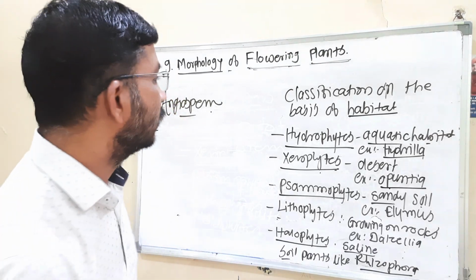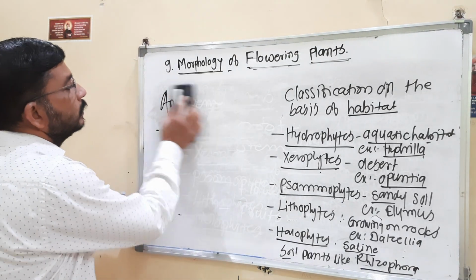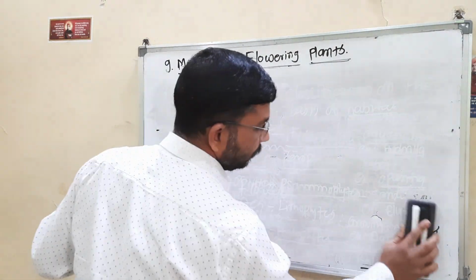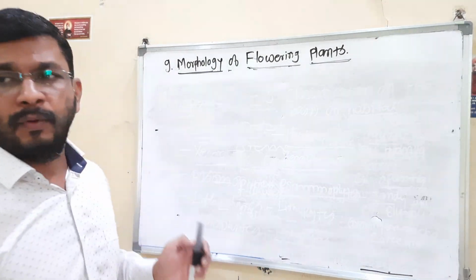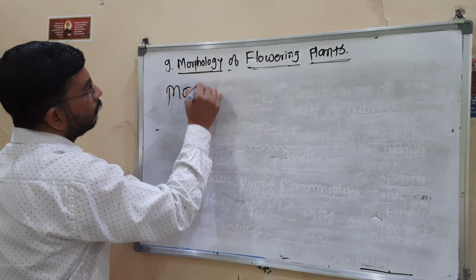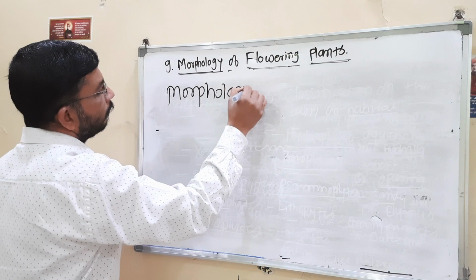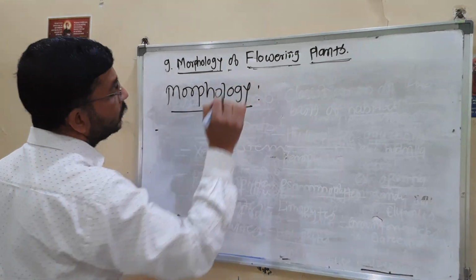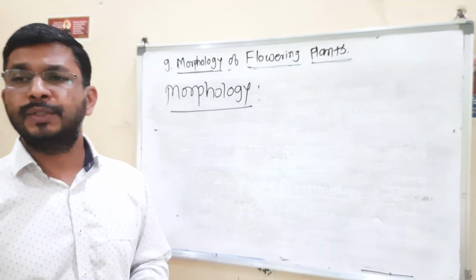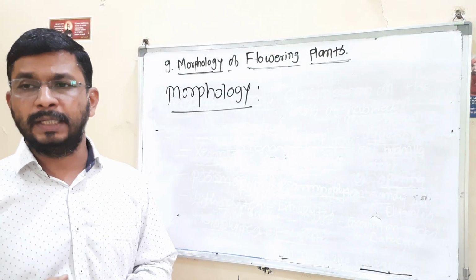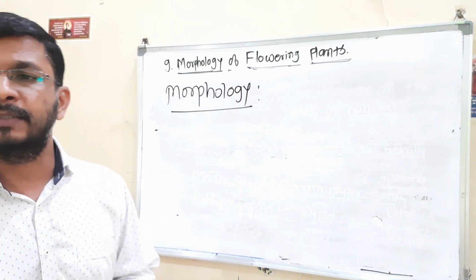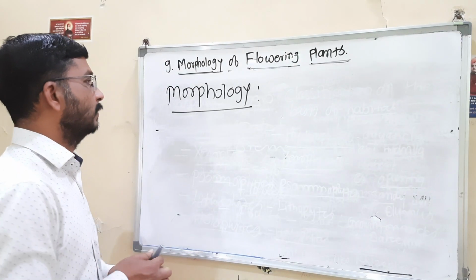Then we come toward morphology. What is morphology? Morphologically, plants show vegetative structures like root, stem, and leaf, and reproductive structures such as flower, fruit, and seed.